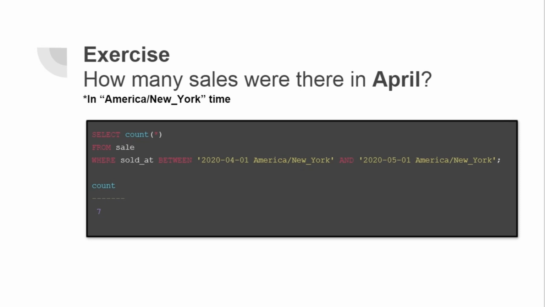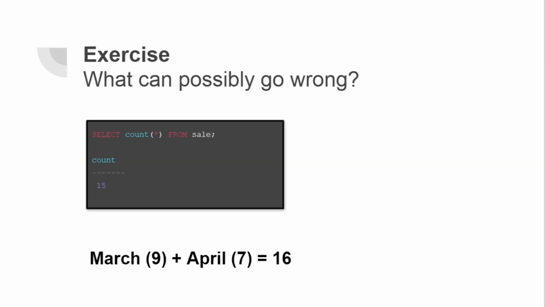So next, how many sales were there in April? If you do the exact same thing, you just replace the dates. We are fetching the number of sales since the 1st of April at New York time until the 1st of May, New York time, and we get 7. Can anybody try and guess why this is incorrect?